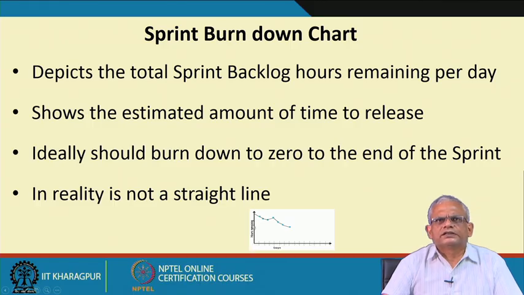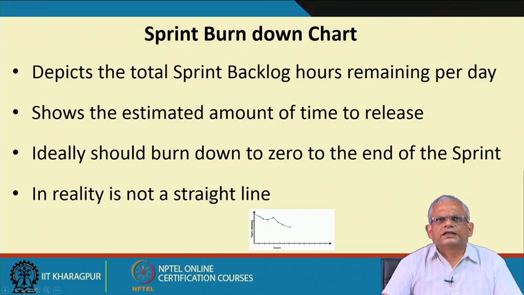As the sprint starts, some estimate of the number of hours of work is given, and then as the days progress, the amount of work reduces, but then it can also increase because there can be a wrong estimation of the complexity of the work. It shows the time to release, typically 30 days, and at the end of the sprint it should become 0.